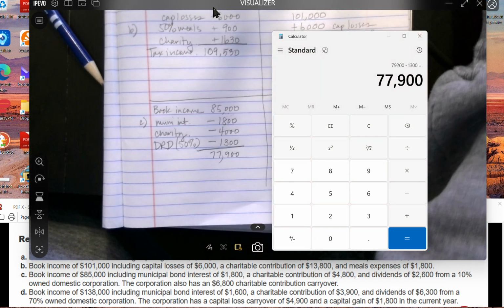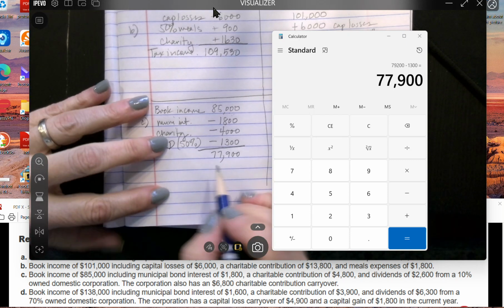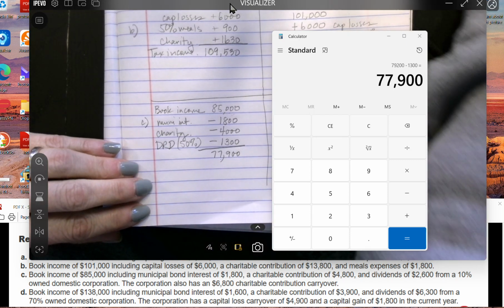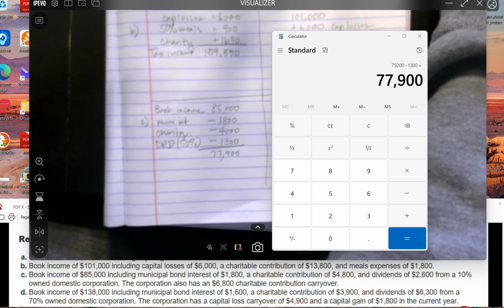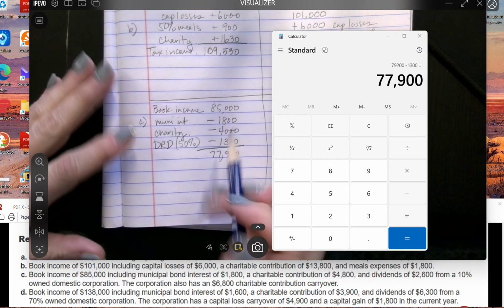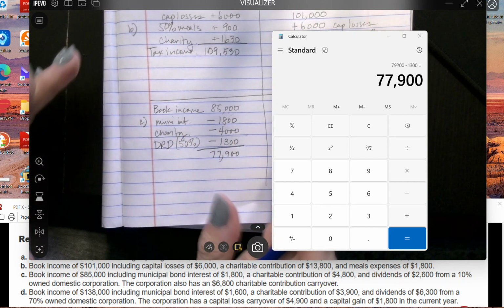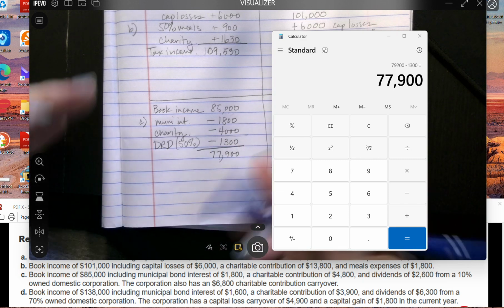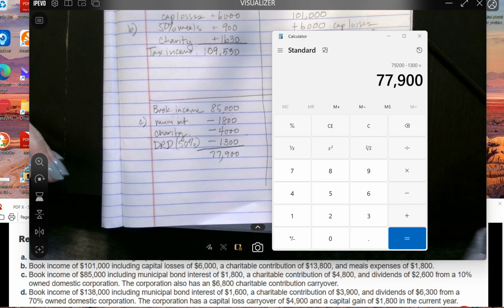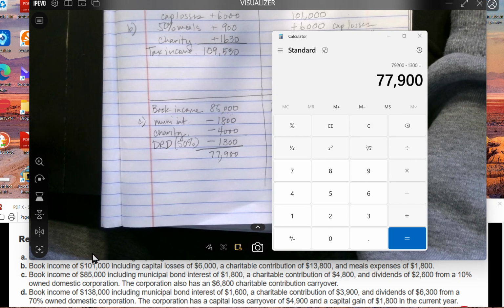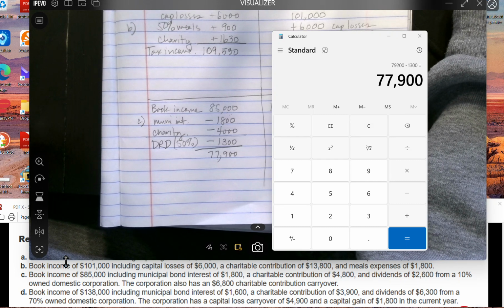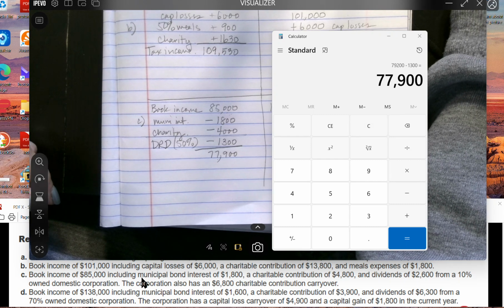Okay, so we've got our taxable income then here of 77,900. And again, that's after we include the dividends received deduction. It would not be on the M-1, but it would be on the tax return and would be considered part of taxable income. So there is part C, and I'll continue with another video of part D.